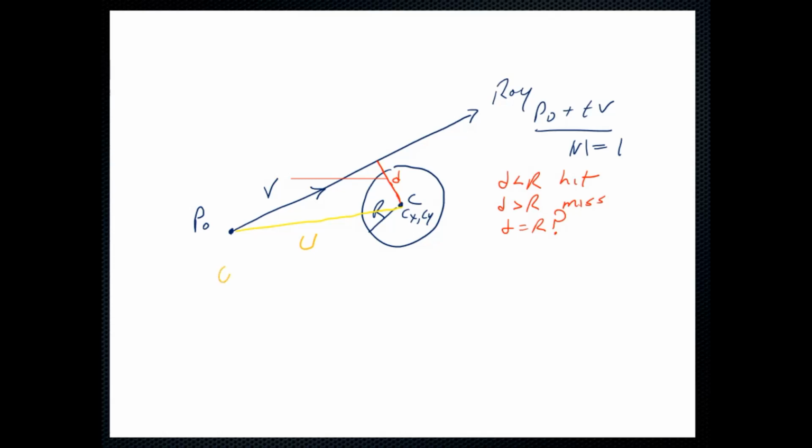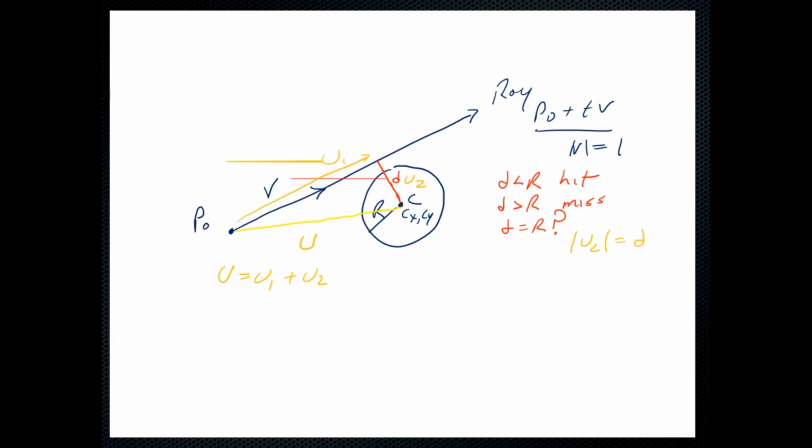We want U equal to U1 plus U2, where U1 is the vector that goes here, and then U2 is the vector that goes here. And then the magnitude of U2 is going to be equal to D.